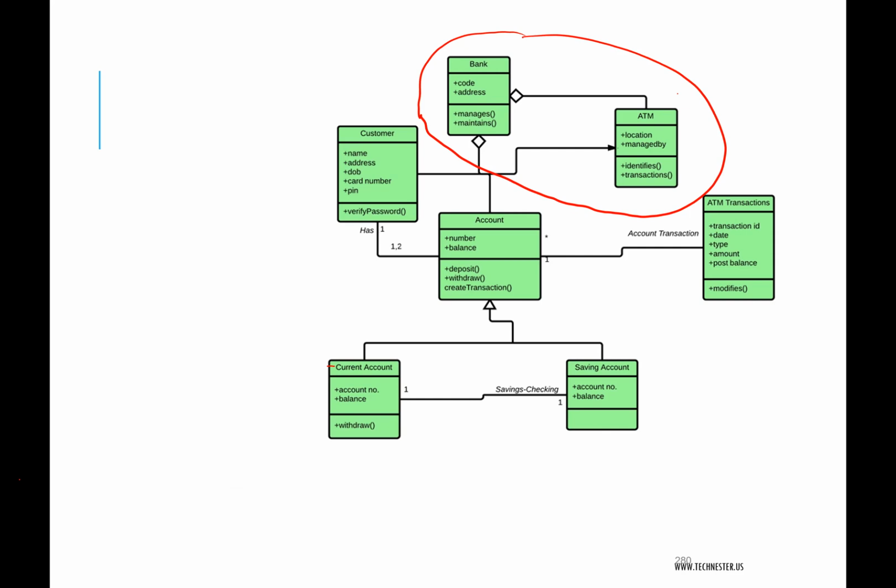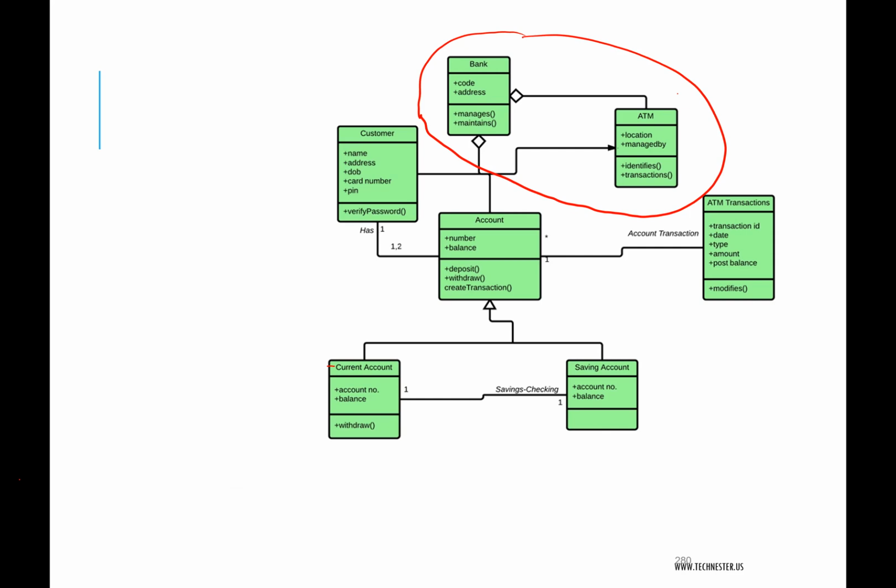I don't know if you're trying to confuse Andrew, but I think it's an aggregate relationship between the ATM and the bank. So you can have a bank without the ATM, and you can have the ATM without the bank.